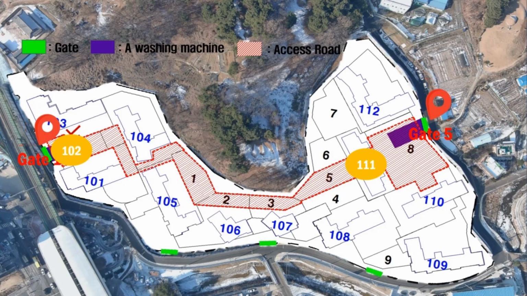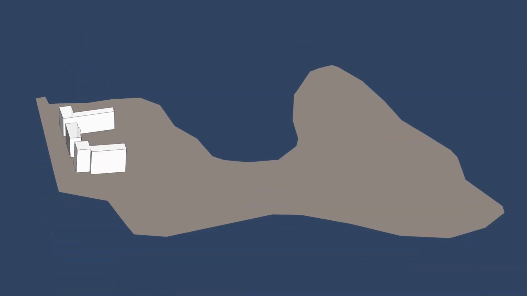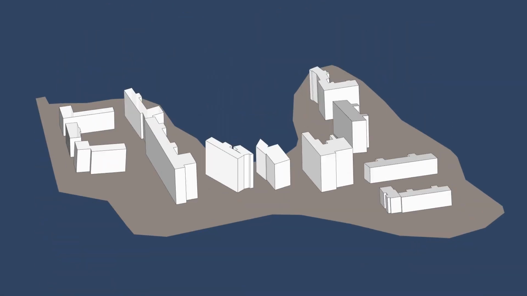Only when the underground parking lot construction is completed, Gates 2 and 4 can be used, and the access road connecting Gates 1 and 5 will be unnecessary. Thus, construction of buildings 102 and 111 cannot start until then. But fortunately, the timing for the final completion expected is not much different.